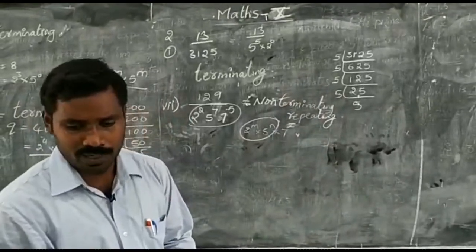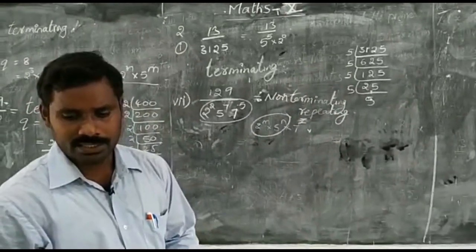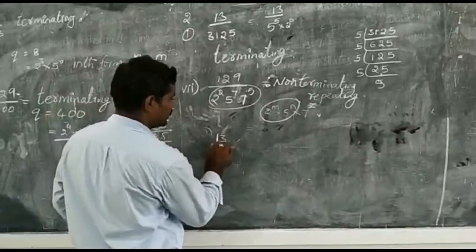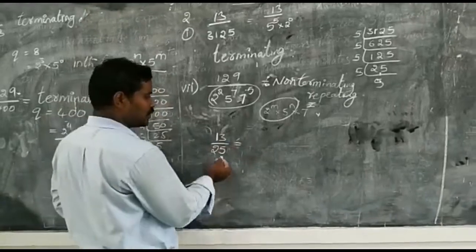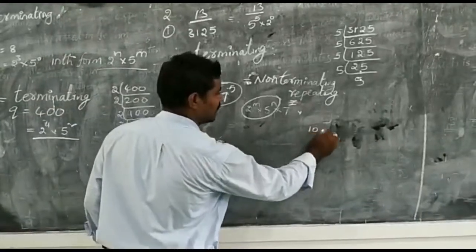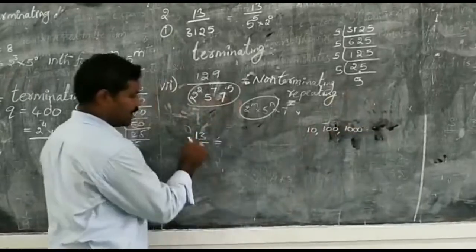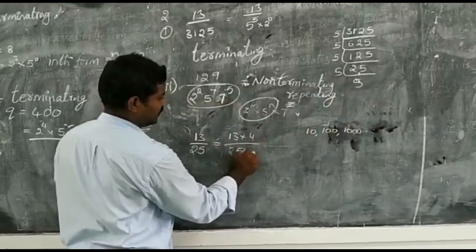By using theorem 1.2, write the following rational numbers in the decimal form. 13 by 25. Just you have to multiply, so you can change it into 10 or 100 or 1000 like this. Now I am writing 13 into 4 by 25 into 4. Why?